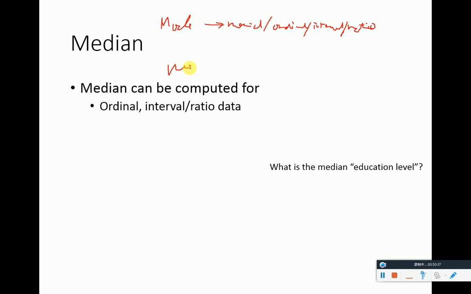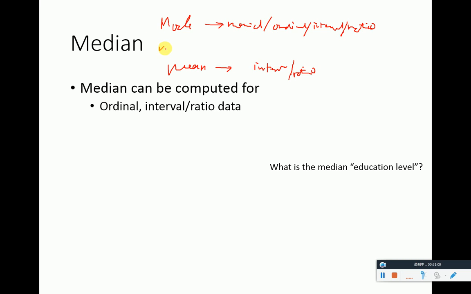Mean, our second type of central tendency statistic, can only be used to describe interval and ratio data. It cannot be used to describe nominal or ordinal.